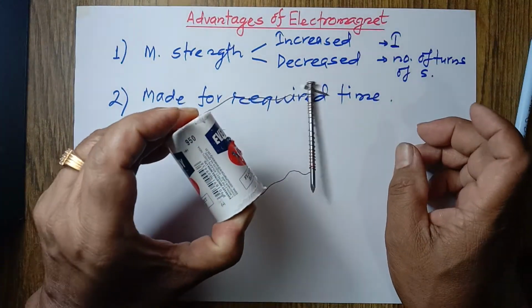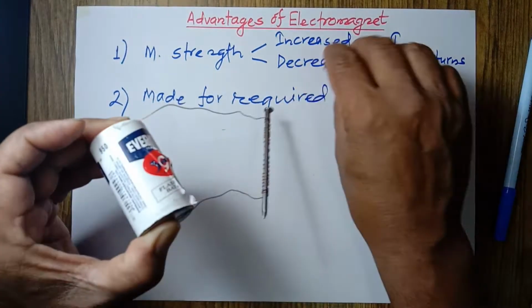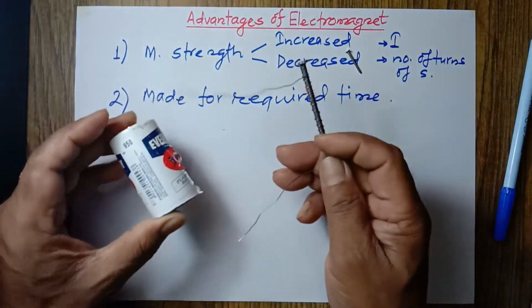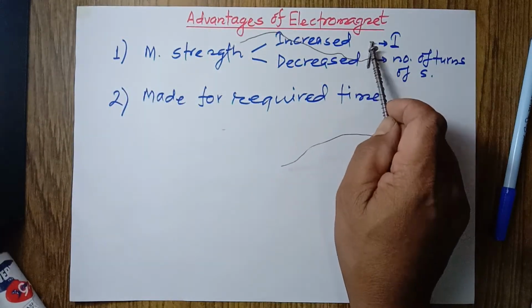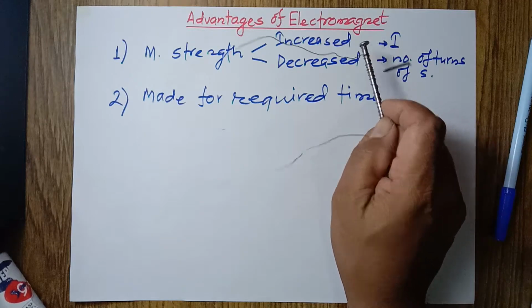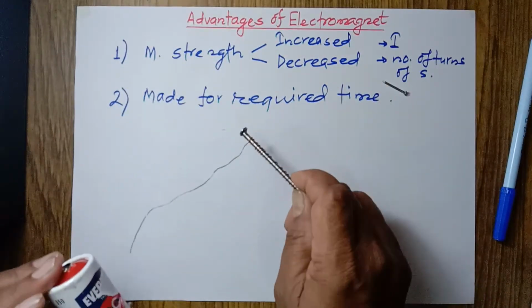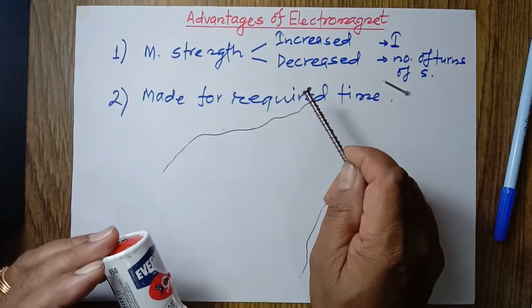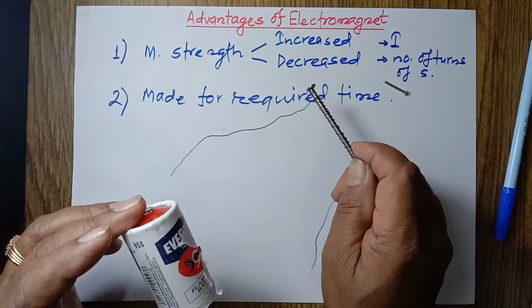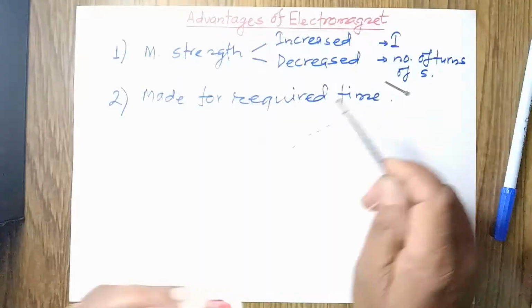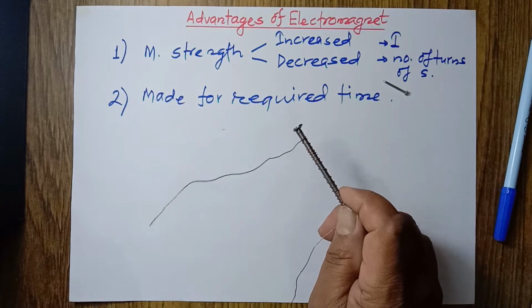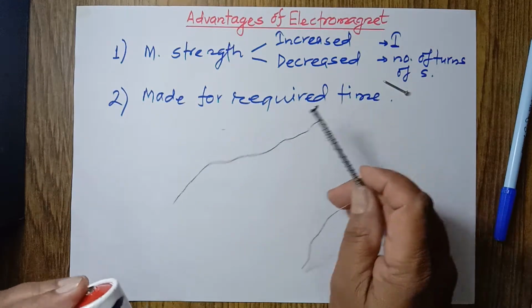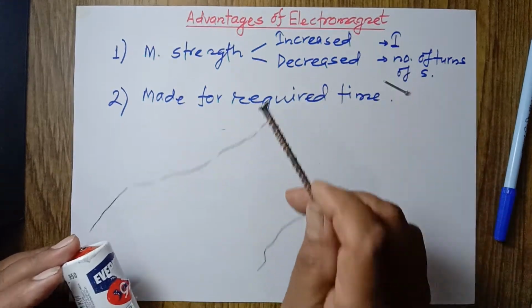When electric current passes through it, it has magnetism. But if electric current is not passed through it, it loses the magnetism. Look at this. That's why an electromagnet can be made for a required time period. For as long as we pass the current, it becomes a magnet. Otherwise, it loses magnetism; it is a temporary magnet.